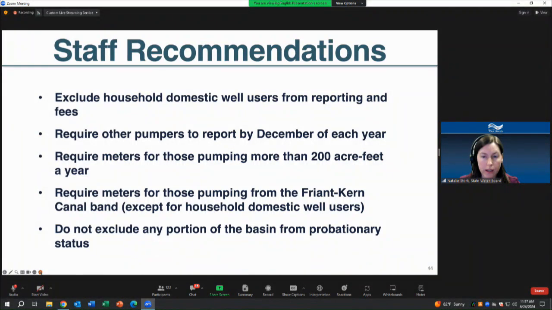While the Tulare Lake and Tule subbasins had recommendations for anyone who pumps 500 acre-feet or more, this recommendation of 200 acre-feet or more for the Kaweah subbasin should cover most of the groundwater pumped from this basin.